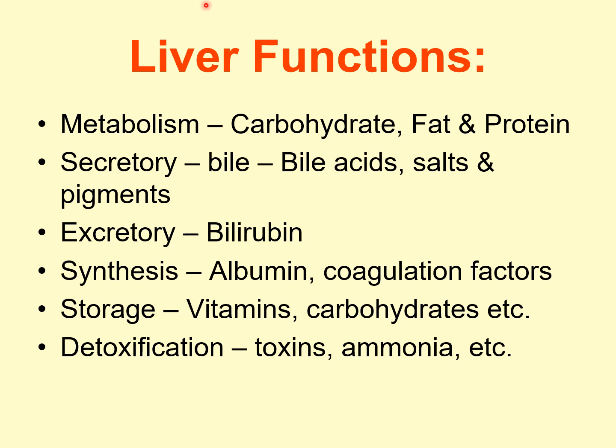And carbohydrate and the fat is also stored here. फिर सबसे ज़्यादा detoxification of any drug, toxins, ammonia और सबसे ज़्यादा कहाँ होता है? liver में होता है. ठीक है. So there are the various functions of the liver because of a huge number of functions of the liver.